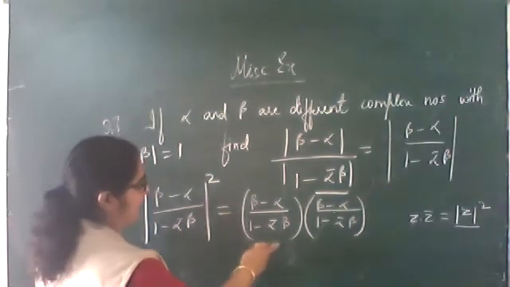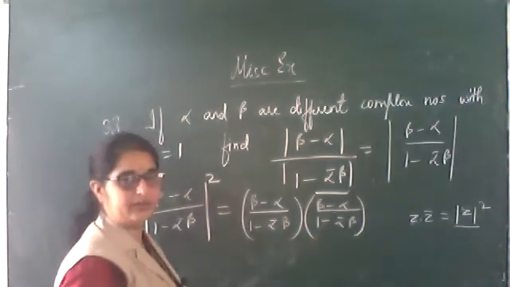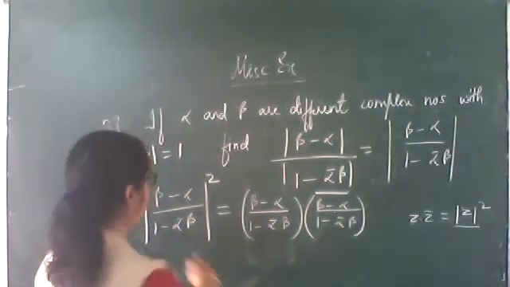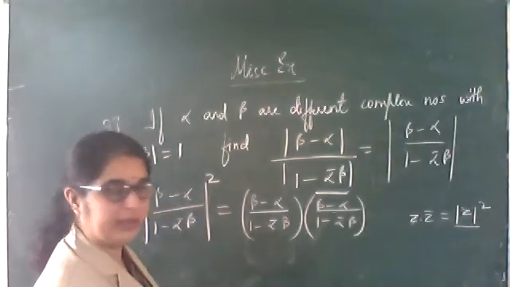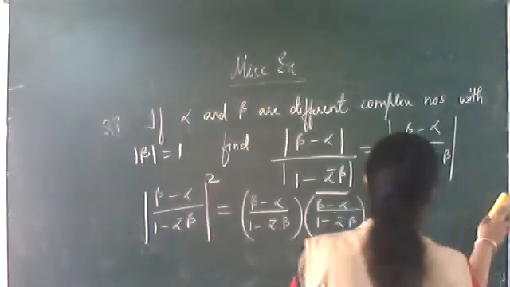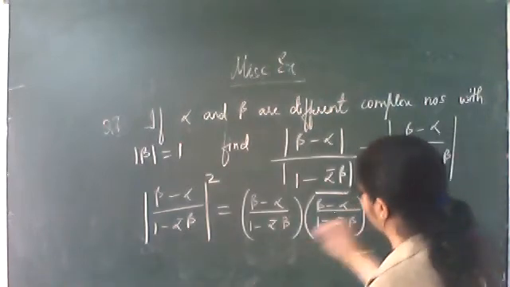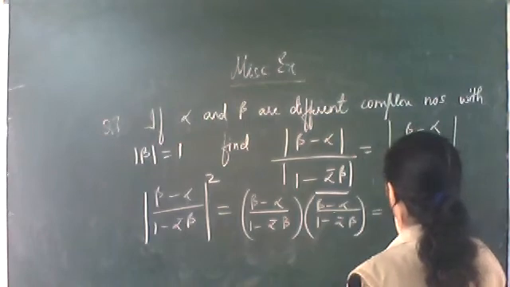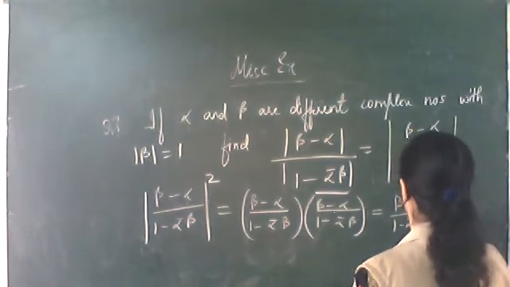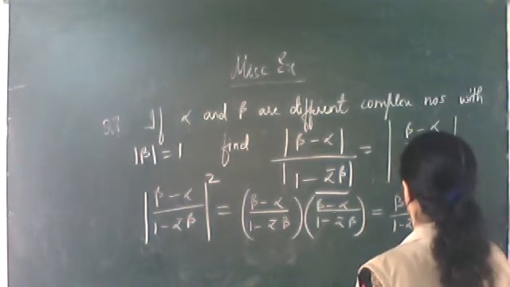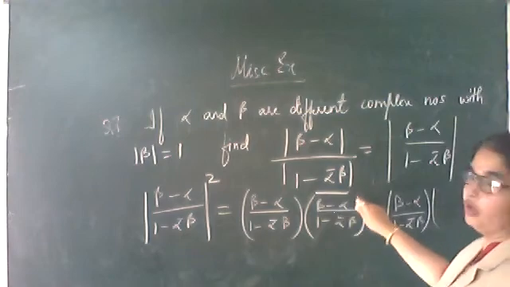Mod of z square is equal to z into z bar, z conjugate or z bar, whatever you say. So mod of z square is equal to z into z conjugate. The same thing we have applied. Clear? Now this can be again written as, this quantity as it is, beta minus alpha upon 1 minus alpha conjugate beta, multiplied by, now just see, this whole conjugate is there.